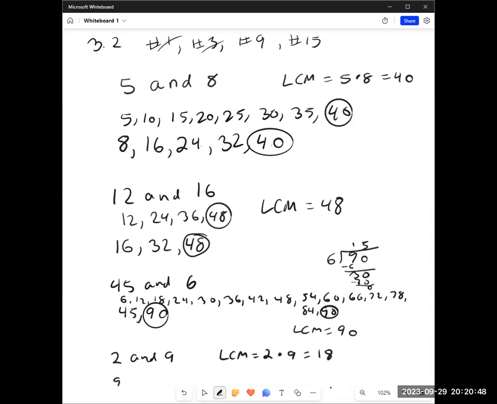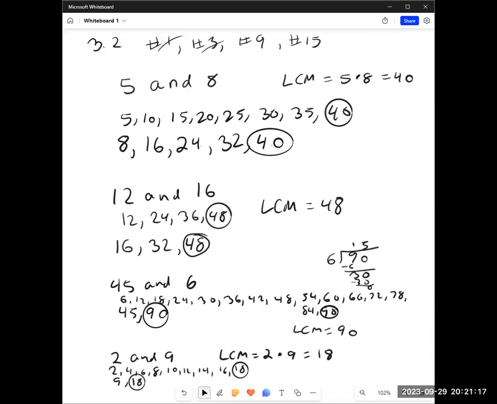Let's prove that. 9 plus 9 is 18. 2, 4, 6, 8, 10, 12, 14, 16, 18 is the first multiple of 2 that's also a multiple of 9. So my LCM here is 18.